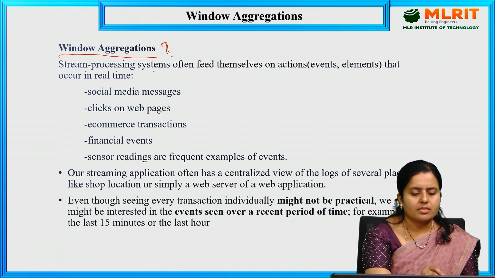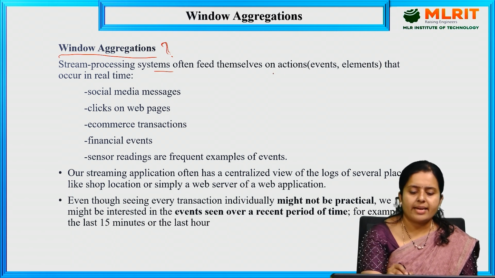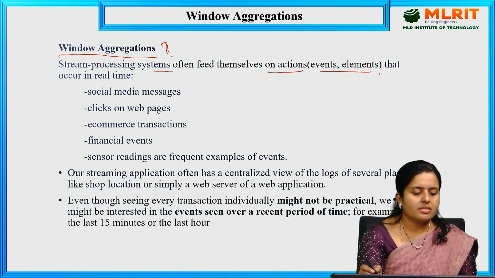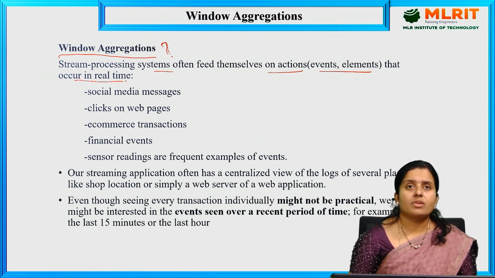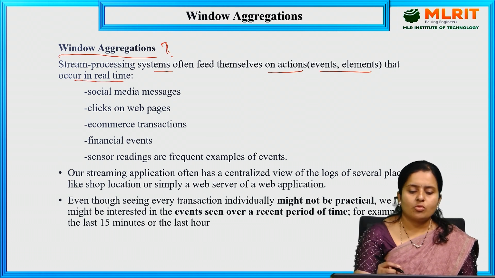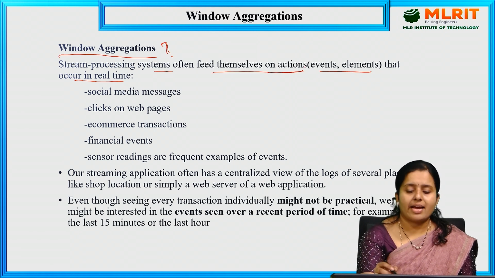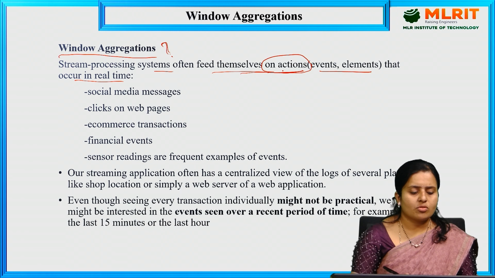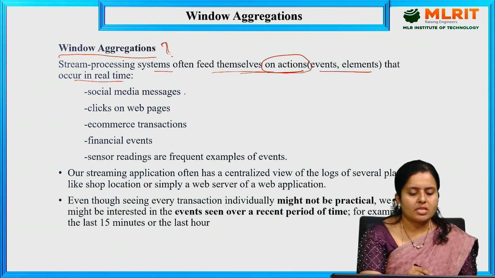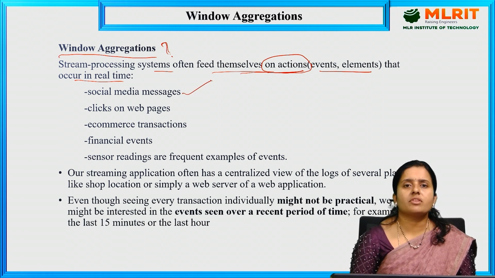Stream processing systems often deal with actions, events or elements that occur in real time. As we are discussing stream processing, which is real-time analysis, it has a number of events or actions. Let us take an example, social media messages, which we can call one event.